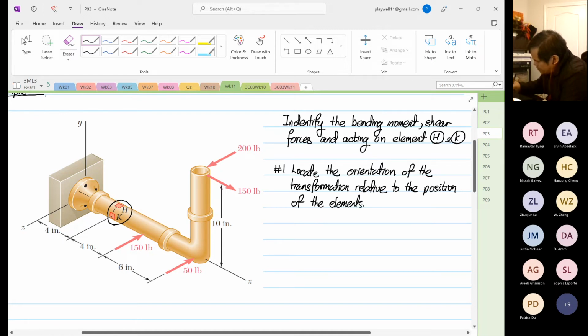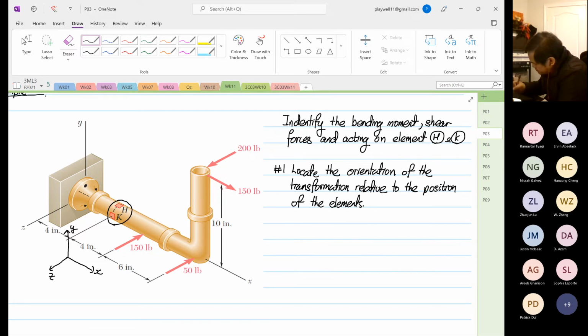For this example, it's pretty straightforward because we know that this direction is your X, this direction is your Y, and this direction over here is your Z.